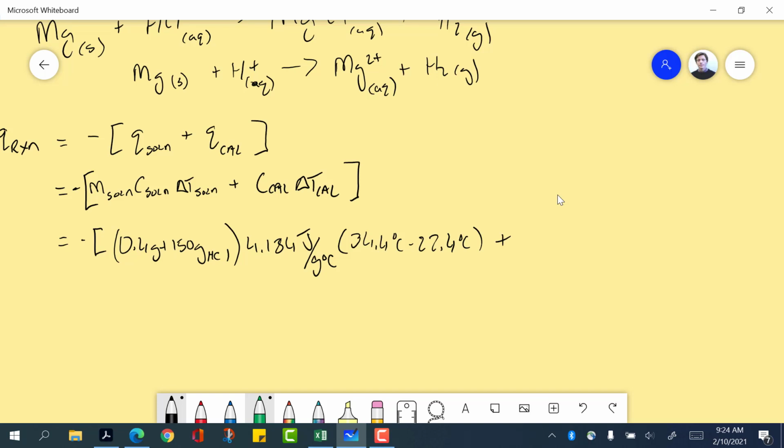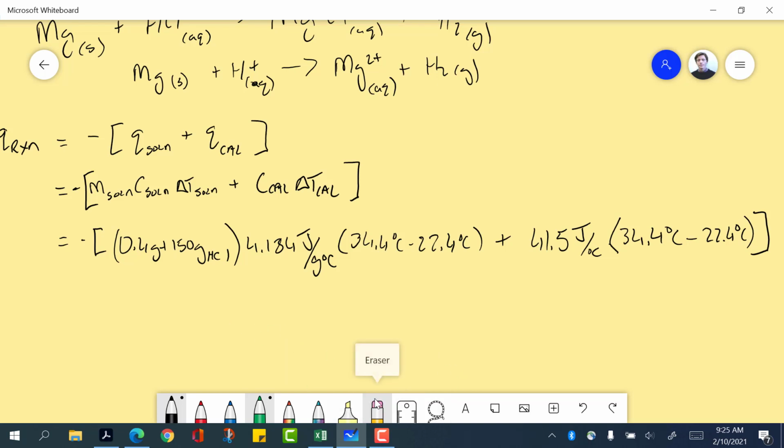And again, the heat capacity of our calorimeter was 41.5 joules per degree Celsius, and the change in temperature will be the same as the change in temperature of that heat sink, 34.4 degrees Celsius minus 22.4 degrees Celsius. And that will give us the heat of reaction for the magnesium combined with the hydrochloric acid.